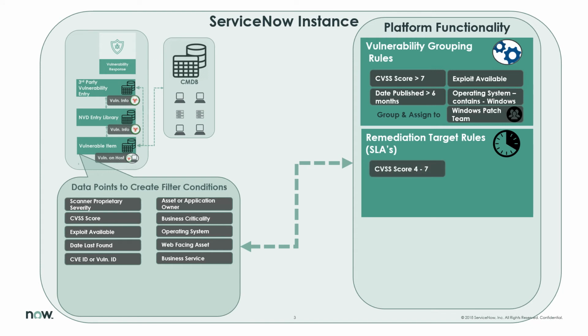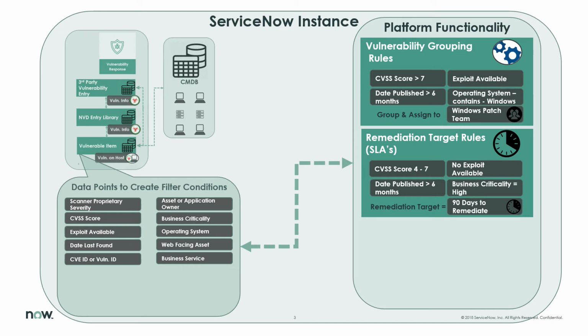Or any vulnerability with a CVSS score between 4 and 7 with no exploit available with a date published greater than 6 months ago and on a business criticality of high, we're going to give that a remediation target of 90 days because there's less risk involved with these data points.